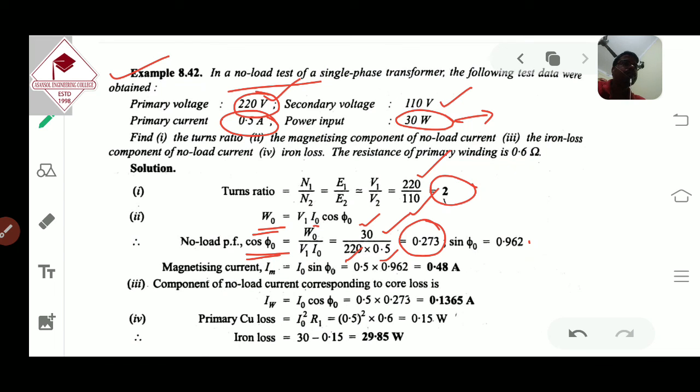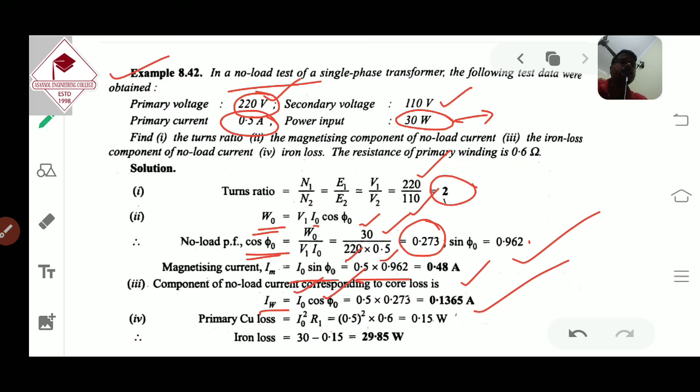So we can easily find this sin phi naught, the value will be 0.962, clear. Now the magnetizing component is always equal to I naught sin phi, so put the value, you will get this 0.48 ampere. Now the component of no load current corresponding to the core loss, that is IW, which is equal to I naught cos phi. We know this I naught, we know this cos phi naught also. Put the values, you will get this. Okay, so this is IW, that is the working component.